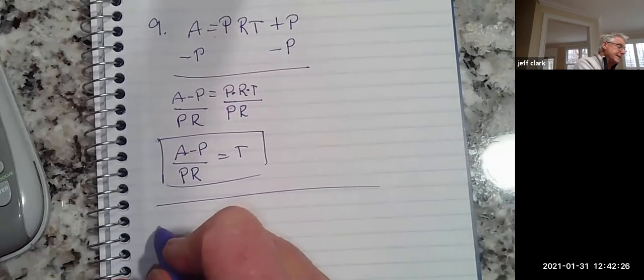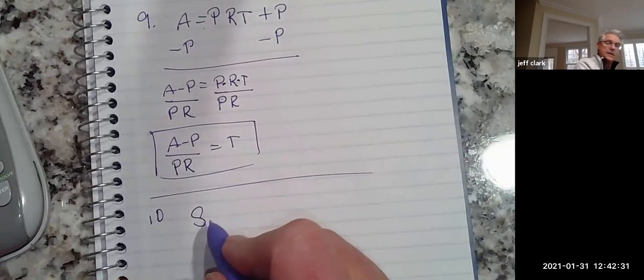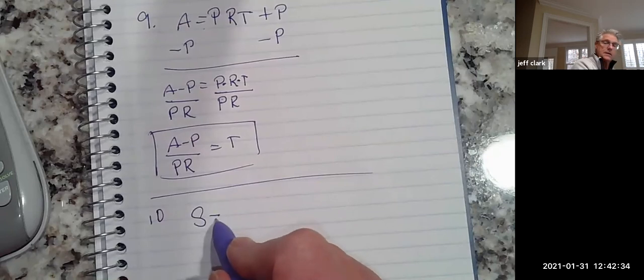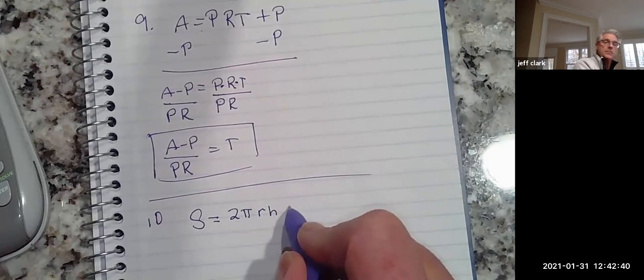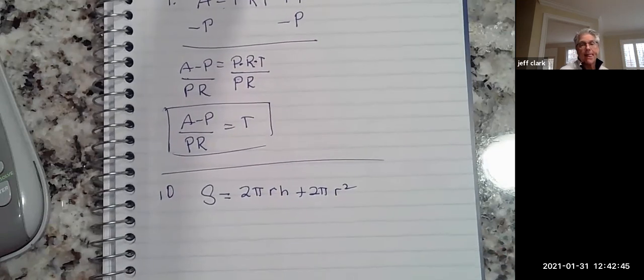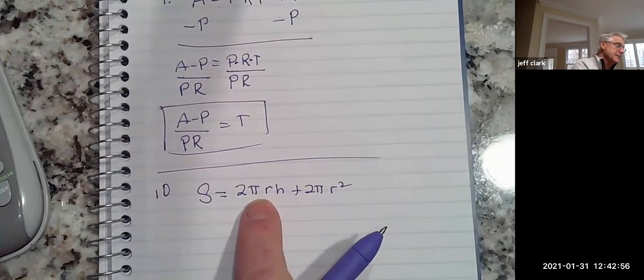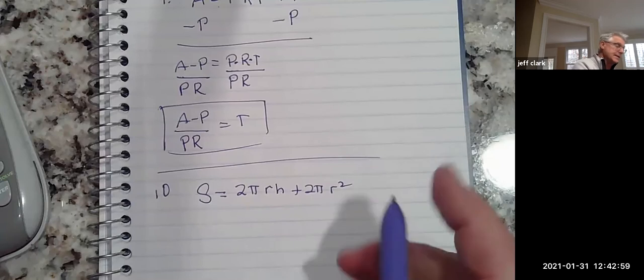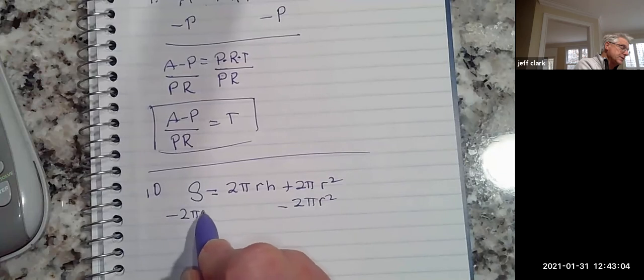And then finally, number 10. So you got capital S. This is surface area, it looks like. So capital S is 2 pi RH plus 2 pi R squared. This is asking me to solve for H. So I'm going to leave this alone and move this whole thing over to the left-hand side, subtracting 2 pi R squared from both sides.